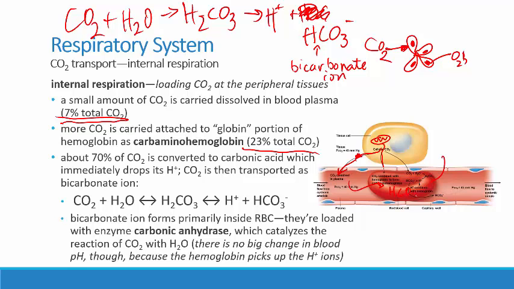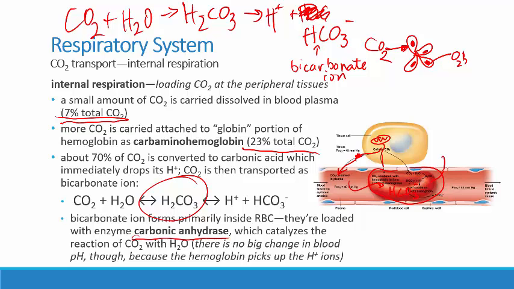And this happens mostly inside the red blood cell because, you know, this chemical reaction will happen in water, but it happens more easily if we have an enzyme. That enzyme is named carbonic anhydrase. And that enzyme will help to produce carbonic acid more easily. And there's lots of carbonic anhydrase inside the red blood cell.